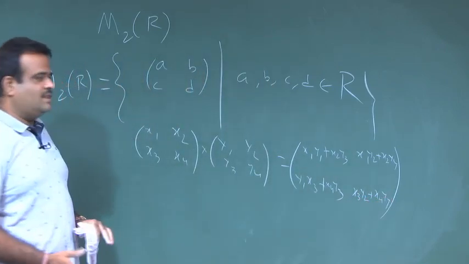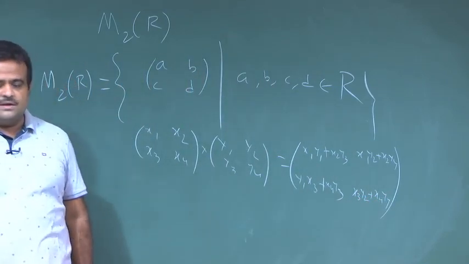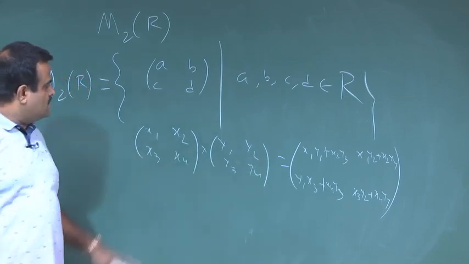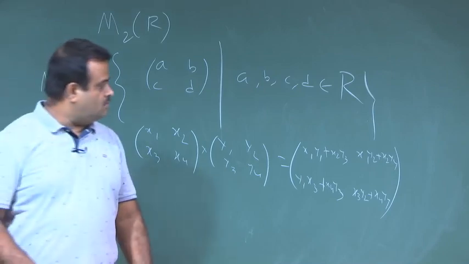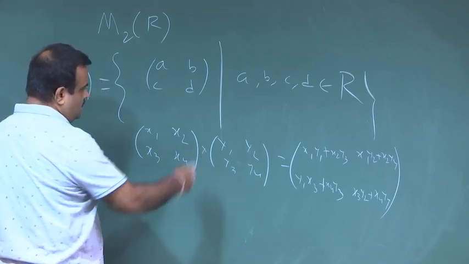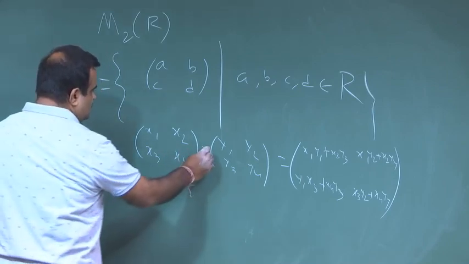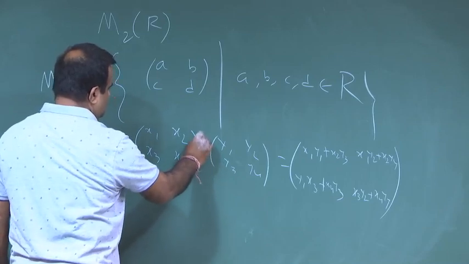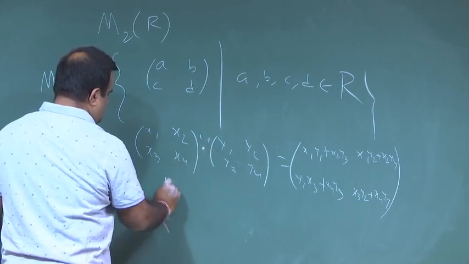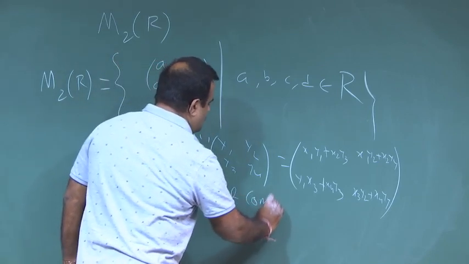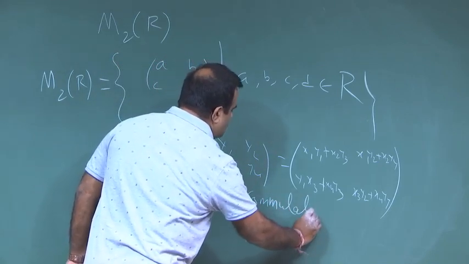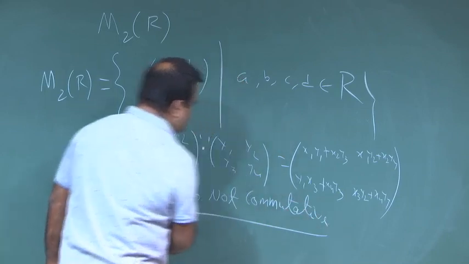This is how we define the product of two matrices. Now, we know this is not a commutative operation. So, the product is not commutative. We can easily check that this matrix multiplication is not commutative.